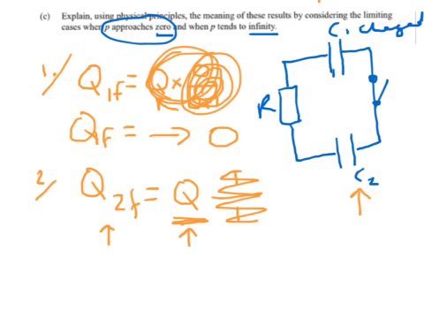So what would that mean? That would mean that C2 is a really, really big capacitance. That means C2 is an electron sink, and you would have none of the charge remaining on C1 since C2 is really, really ginormous, and the equations show that.